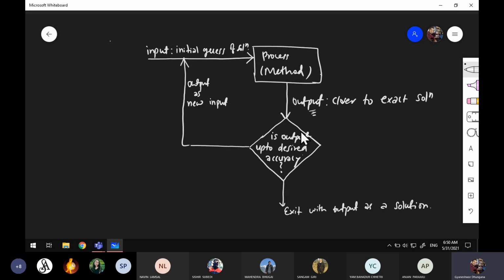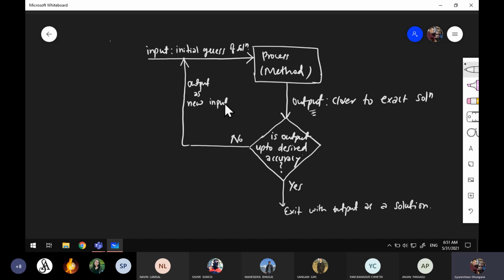How accurate an answer we want, depending upon that, we can say whether we have to loop. If yes, then we can exit. If the output obtained is up to the desired level of accuracy, we can exit the problem, and that output will be the solution. If no, then we can go for the next step.